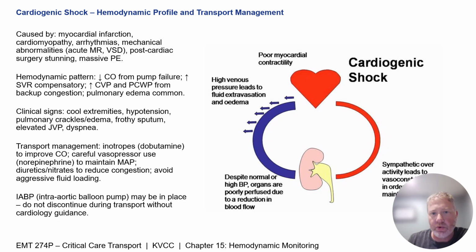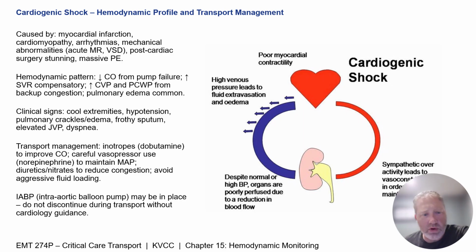Pulmonary edema, cool extremities, hypotension, poor end organ perfusion, all those things are common in cardiogenic shock. This hemodynamic pattern is crucial because treatment differs from hypovolemia. Aggressive fluid can worsen congestion, while inotropes, vasopressors, afterload reduction, and mechanical support may be more appropriate.